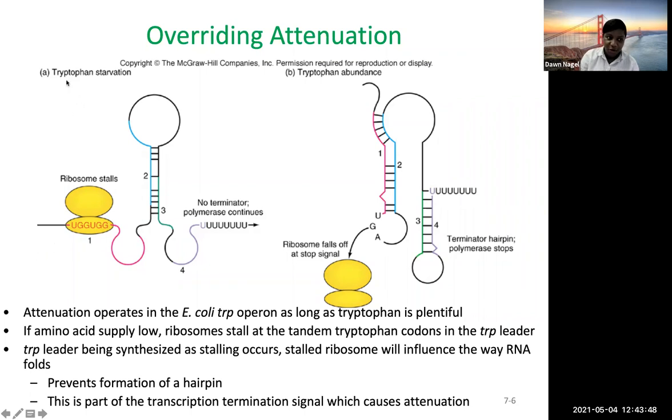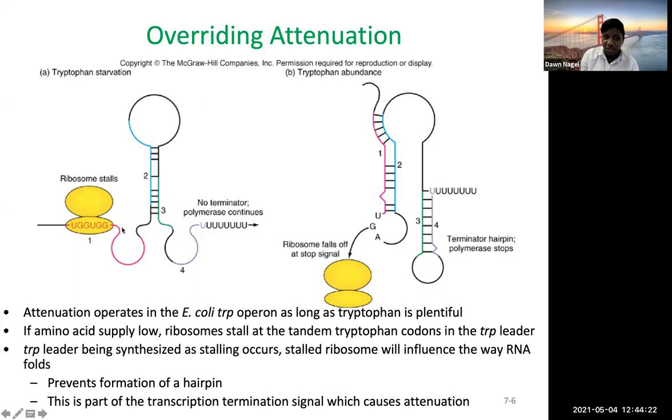Because you have low tryptophan, you don't have any tryptophan around, the ribosome is going to stall. The ribosome stalls because it needs 2 tryptophan and it doesn't have them. So this ribosome stalls on this double pair of amino acids for tryptophan. Because it stalls, it prevents this region of the transcript from forming this hairpin structure. So this first hairpin structure is unable to be formed.